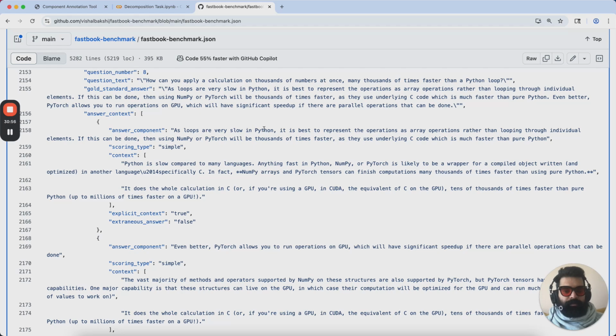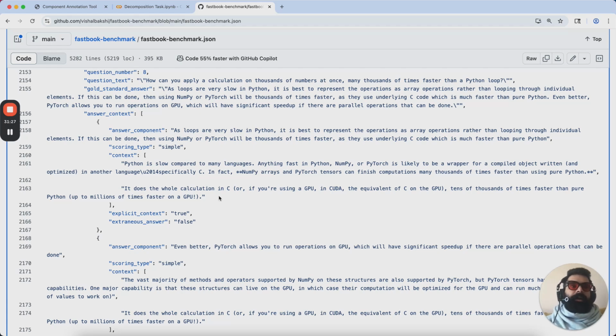Loops are very slow in Python. Python is slow. Using NumPy or PyTorch will be thousands of times faster. NumPy arrays and PyTorch tensors can finish computations many thousands of times faster, so that's there. Underlying C code, it does the whole calculation in C, tens of thousands of times faster.